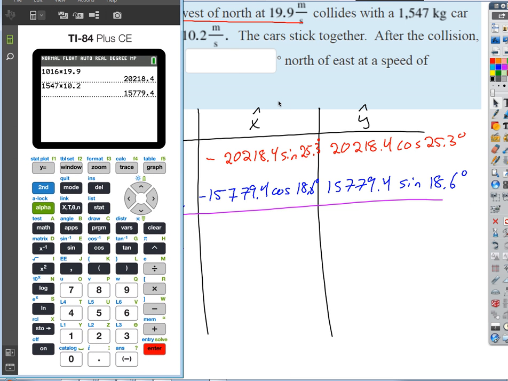All right, so column 1, we've got negative that number, sine 25.3, plus that number, oh, minus, never mind, minus that number, cosine 18.6.